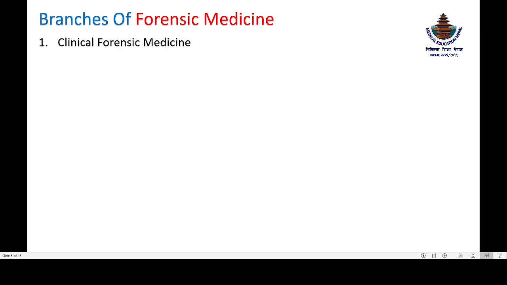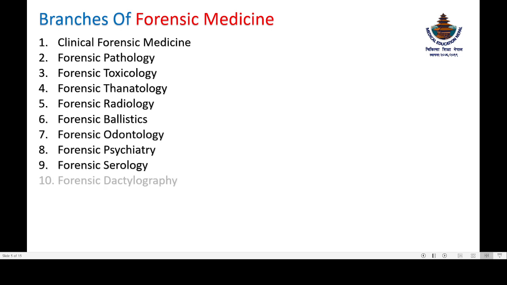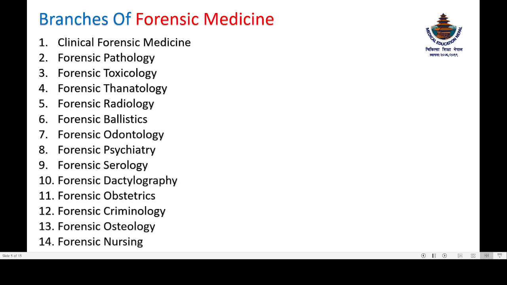Okay. Now, moving forward to the branches of forensic medicine. Forensic medicine has a lot of branches. I've written over here: clinical forensic medicine, forensic pathology, toxicology, thanatology, and so on. We don't have to learn all of these branches. We will just look at some of the important branches for third year.